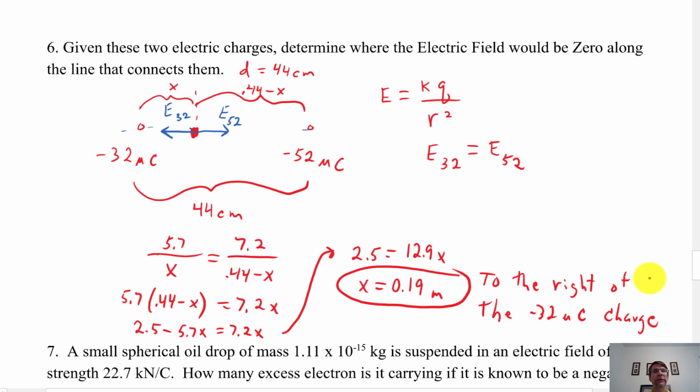That's where the electric field would be 0. And that's where the force would be 0. There'd be no force. You put any charge there, the force would be 0 at that location.